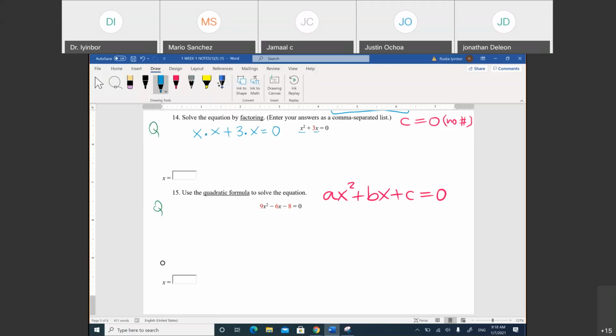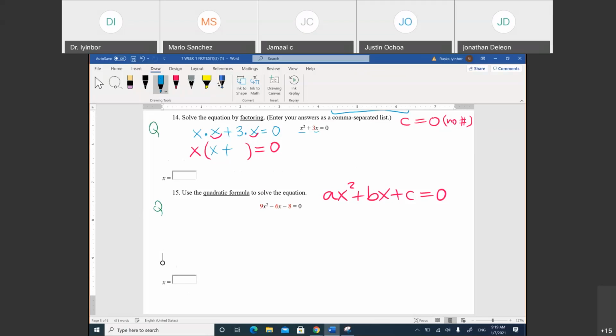I'm rewriting it like this so you see that both of those have 1x, which I'm going to factor out. I'm going to pull 1x from here and 1x from here, so that x is going to factor in front. And then in the parentheses, I'm going to write what is left. When I pull 1x from the first term, the other x is left.